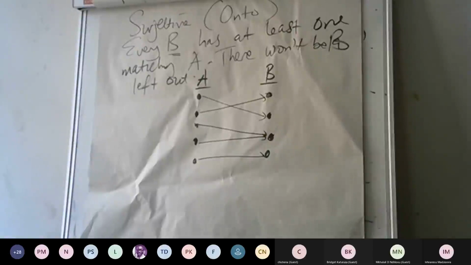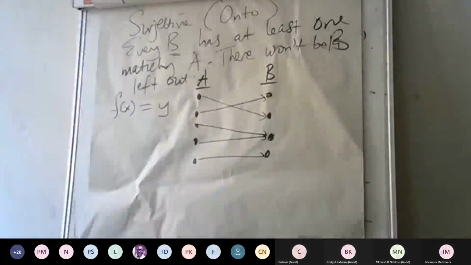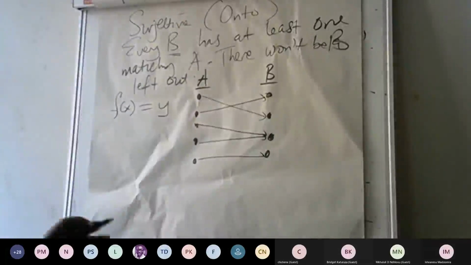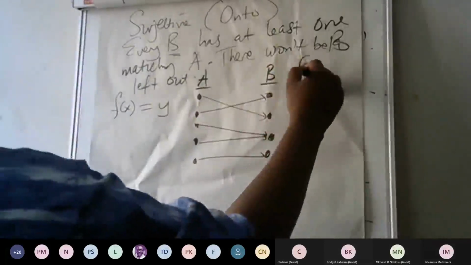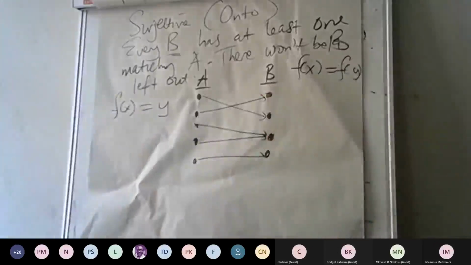Now, what it means symbolically is that f of x should be equal to y. Remember, for injective, f of x is equal to f of y. Then for surjective, or onto, we are saying that f of x is equal to y.